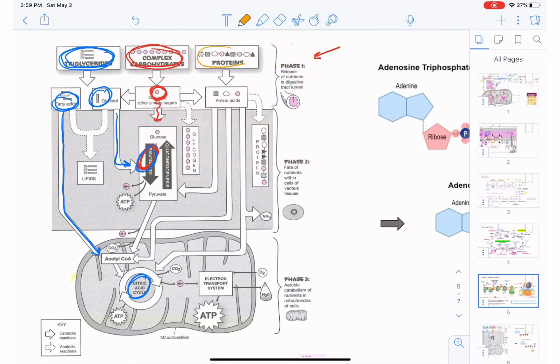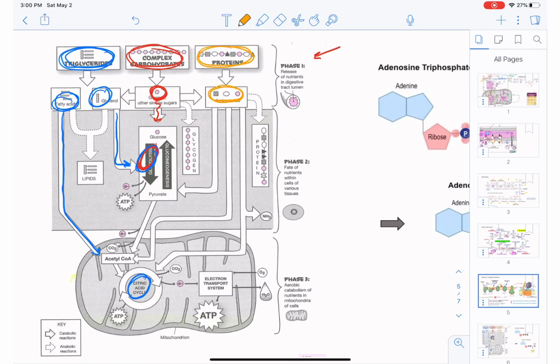And then lastly, we have proteins, and the digestive system breaks proteins down into individual amino acids. Those amino acids enter the blood, and ideally we want to use those amino acids to build proteins throughout the body, but if we need to, they can be used as energy. It's not ideal, but if the energy reserves are low, we can use amino acids as energy.